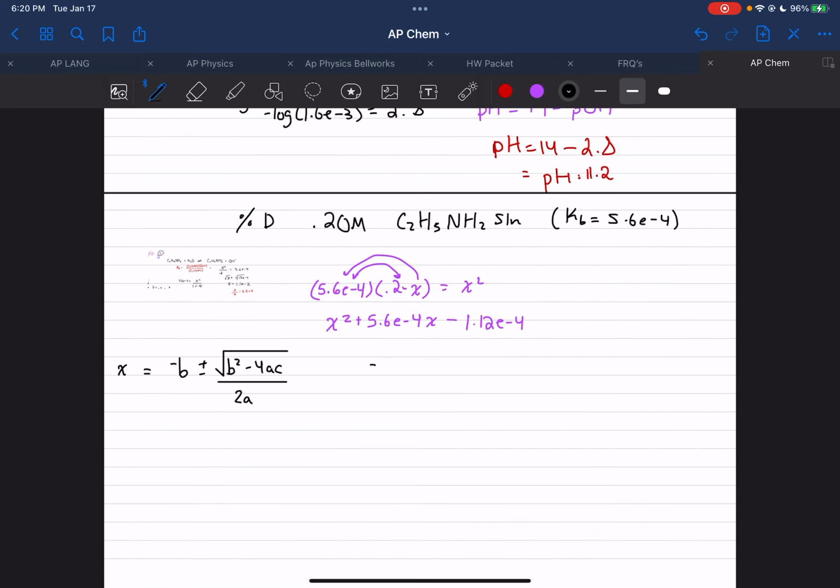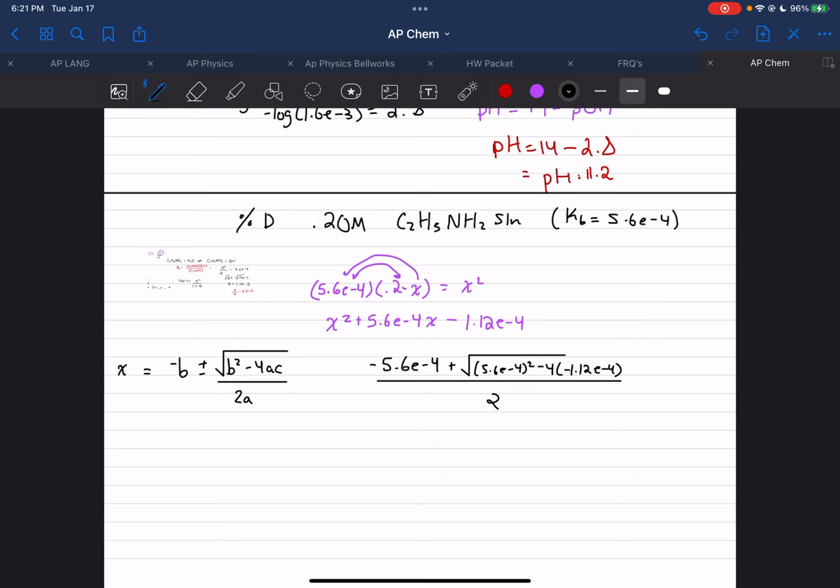What I'm plugging in is negative b, which is negative 5.6 E negative 4, plus the square root of 5.6 E negative 4 squared minus 4 times negative 1.12 E negative 4, and all of this divided by 2a, which is 2.